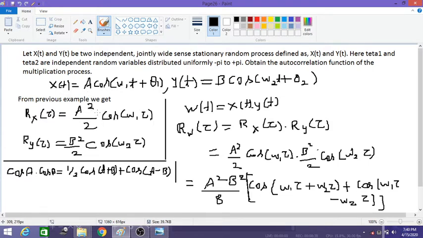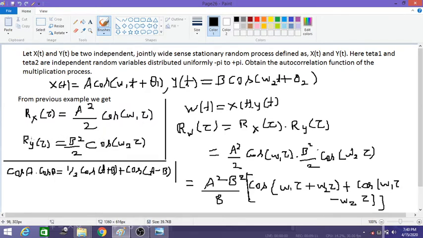Now from the previous example, we are going to straight away use this relation. I am not going to do this expectation operation again. The density function f theta of theta remains the same, that is 1 by 2 pi, where theta ranges from minus pi to plus pi. If we substitute in the expectation part and apply the expectation for Rx of tau, we will get a square by 2 into cos of omega 1 tau.